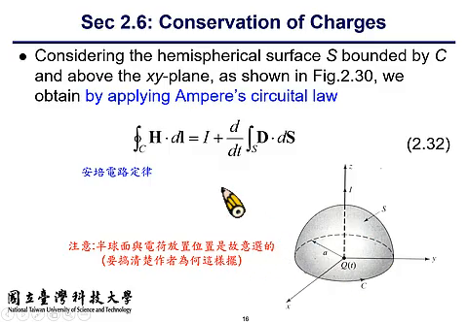So the left side of equation 2.32 essentially describes the closed loop integral of the magnetic field intensity along this circular path. And the closed loop integral on this circular path represents what? It represents that any surface, which can be this S, the hemispherical surface on the top.